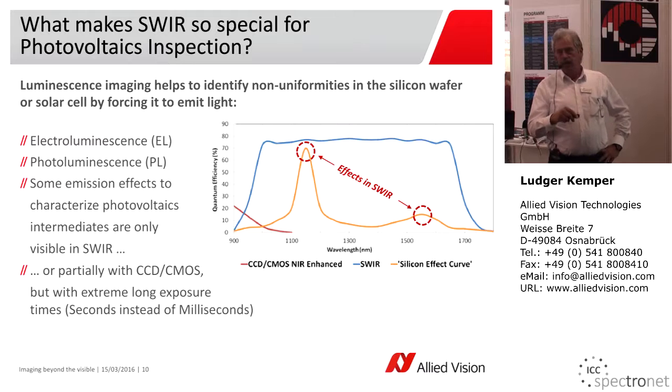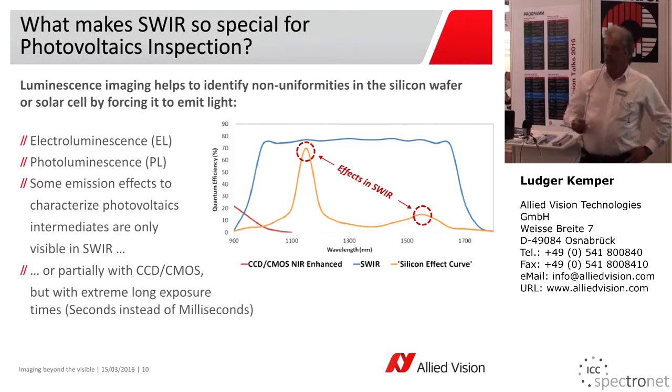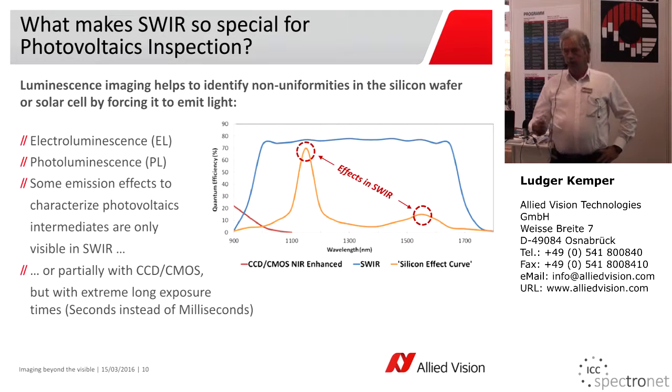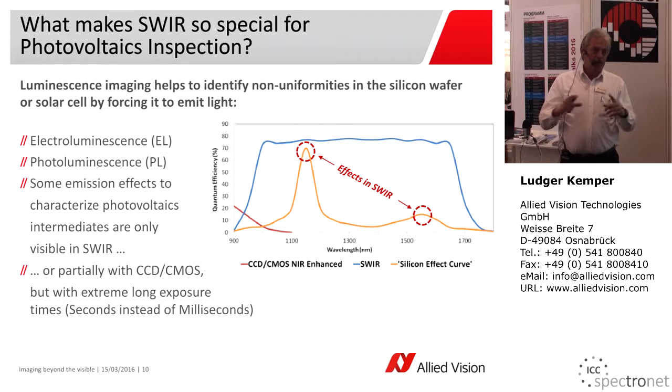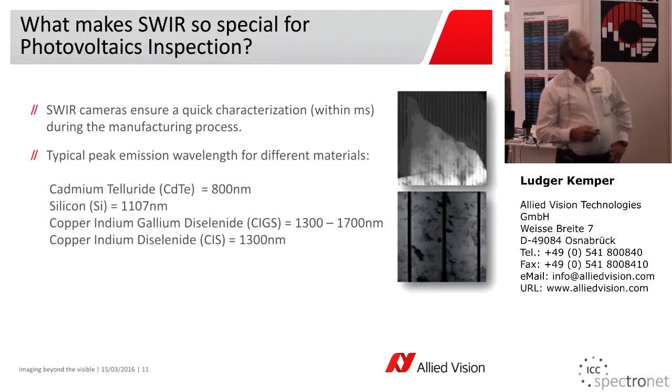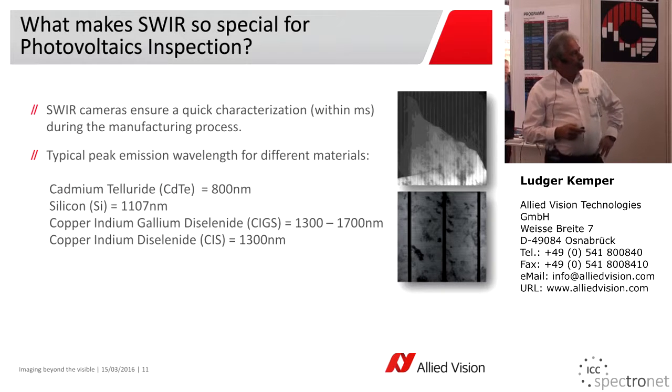So when you have time, you can use a cooled CCD camera with long exposure time. If you are in wafer production where you need to control 6 wafers per second, then you have to use SWIR cameras.